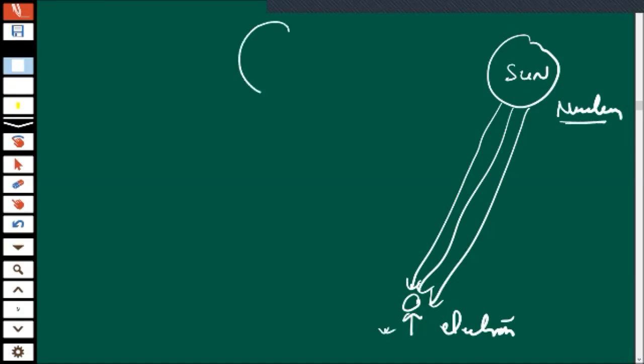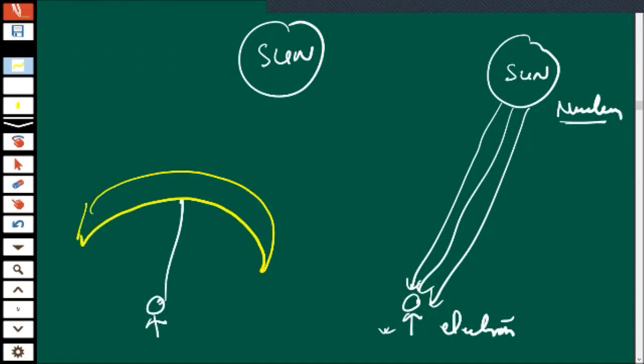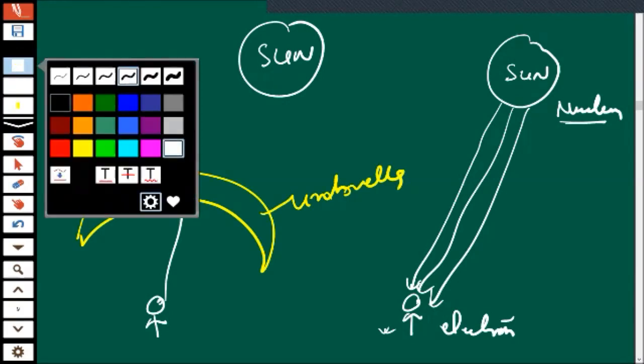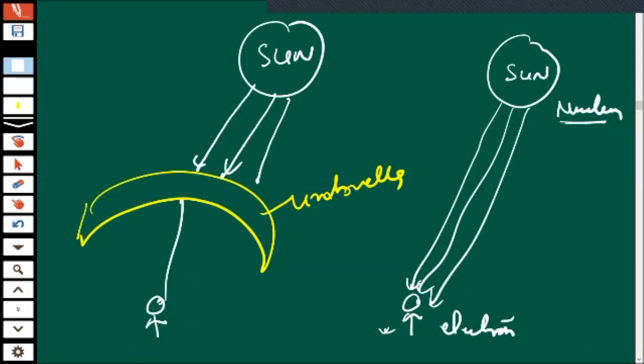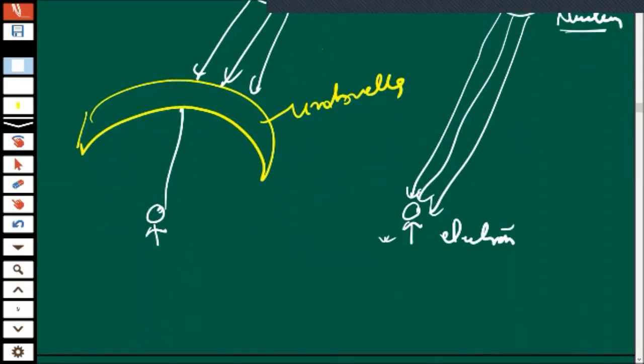But if the situation is like this, if this is one person and this person is using some, suppose this is an umbrella, then naturally the person will be protected from the sun's rays. So this protection by umbrella, the standard word we can use is screening.